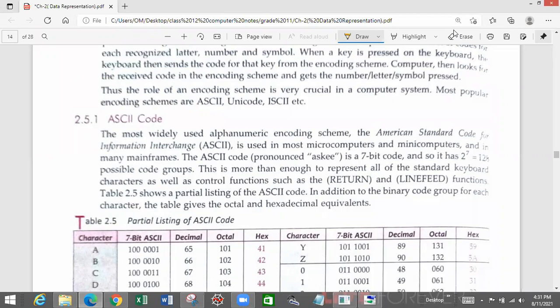For information interchange. When you are providing information, that information is interchanged inside the system, worked upon, and then interchanged again in the form of data which I can recognize. This ASCII coding scheme is part of most microcomputers and minicomputers.